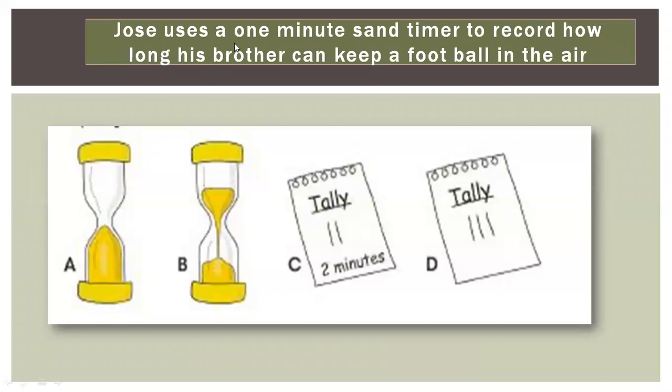Joe uses a 1 minute sand timer to record how long his brother can keep a football in the air. So these are sand timers, okay? This is 1 minute and this is for 30 minutes.